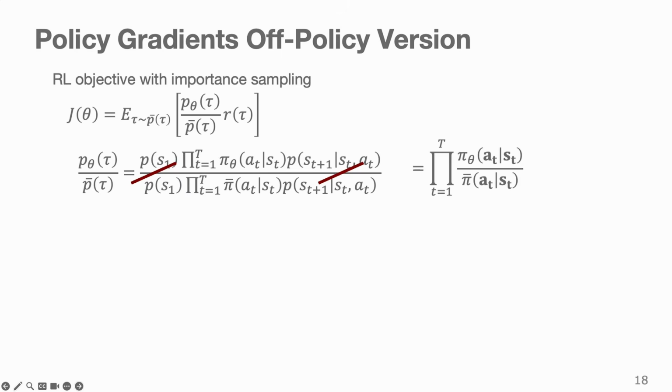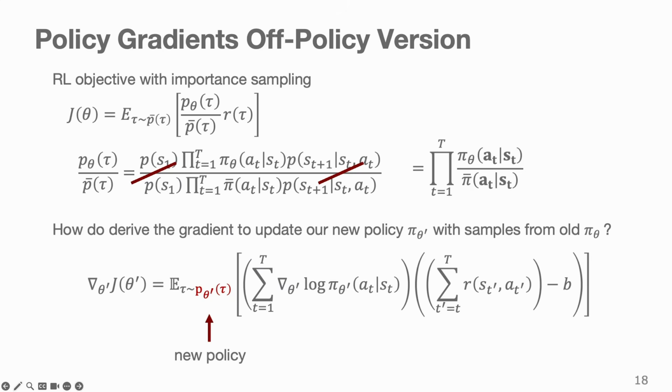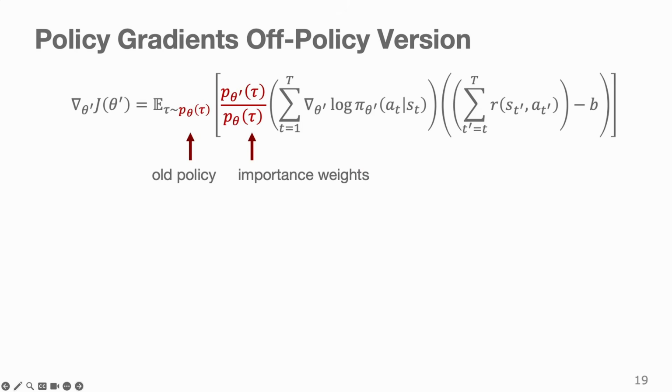Now, the next question is, how do we derive the gradient of this? Because in our gradient, we still seem to be sampling trajectories from the new policy and not the old one, right? So now we can use the derivation we did 2 slides ago for the expectation of the importance sampling and simply plug those terms into the formula.